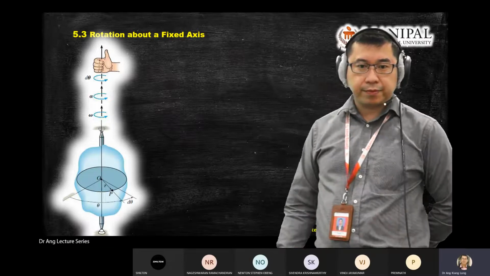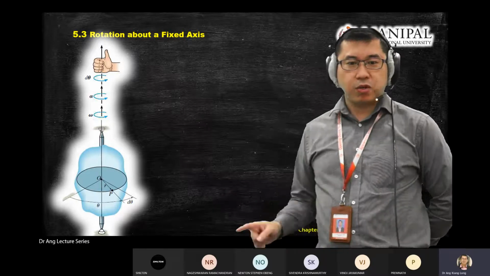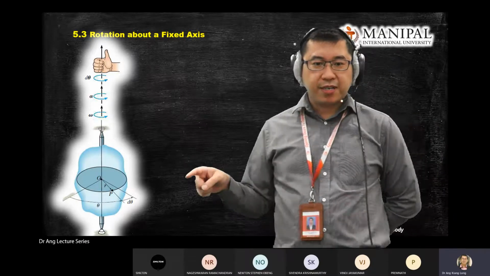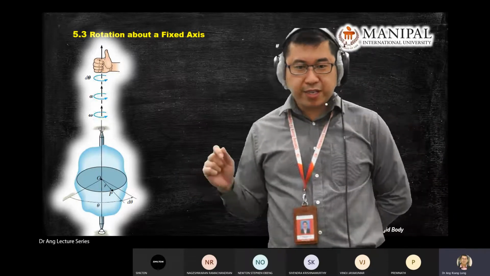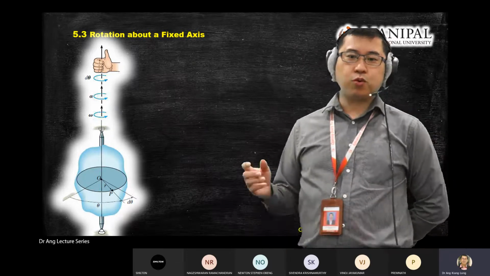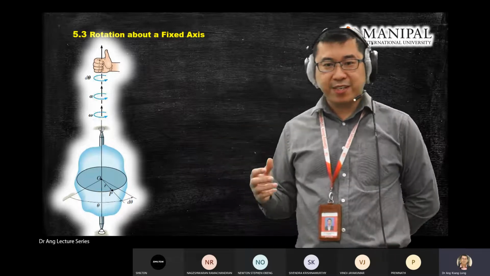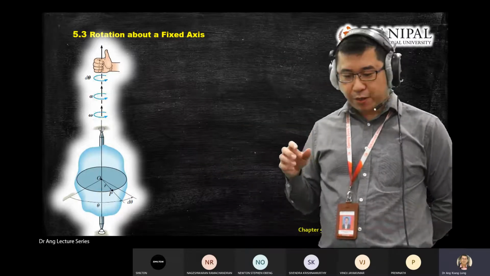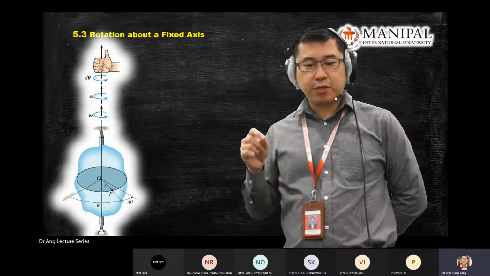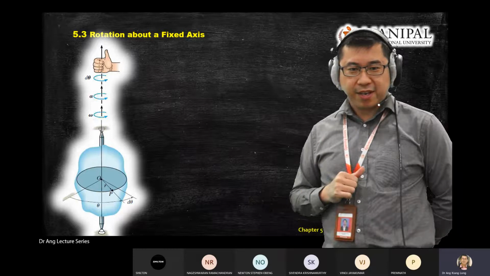Okay. And when you talk about rotation, there's a direction, right? Either clockwise or anti-clockwise. How do we fix it? Because if you don't fix it, when you calculate later, positive, negative, you don't know what direction is the spin.